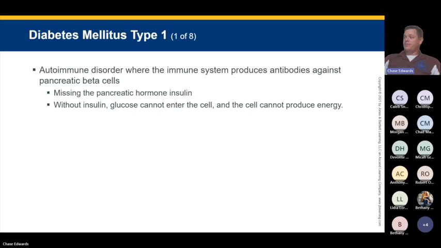All right, talking about diabetes mellitus type 1. It is an autoimmune disorder in which the immune system produces antibodies against the pancreatic beta cells. Now, we said beta cells do what? Anybody tell me?